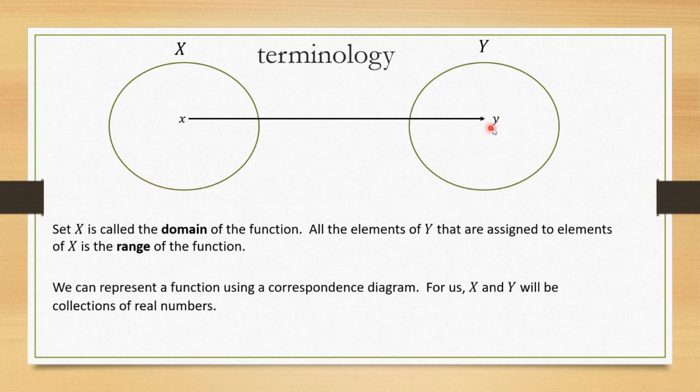Now, everything that comes out of the function in the set capital Y, in other words, all the elements of the second set that are assigned to elements from the first set, you know, all the outputs, in other words, all the things that come out of the machine, out of the function, that's the range of the function.